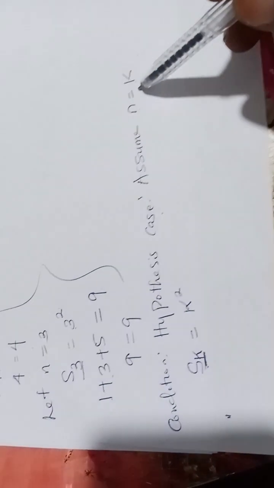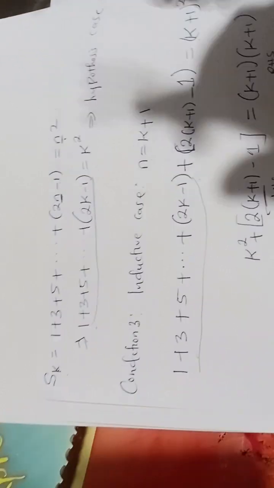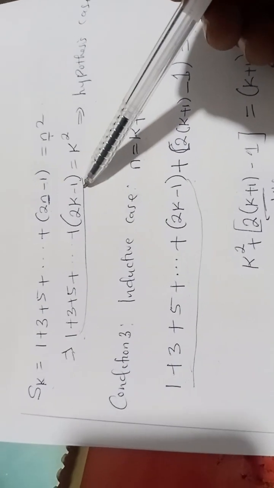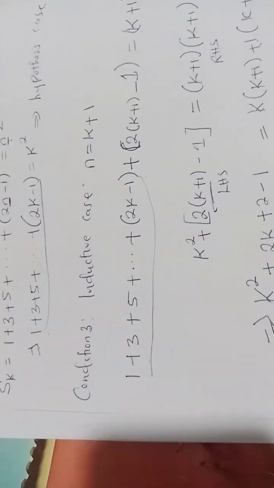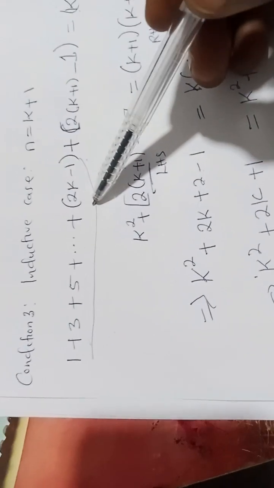Now, having achieved the first condition, which is the base case, we proved that the left hand side is equal to the right hand side. The hypothesis case gave us an assumption that for n equal to k, this is what we are going to have. And the beauty of this hypothesis is that it helps in substituting its equivalence when solving the inductive case.